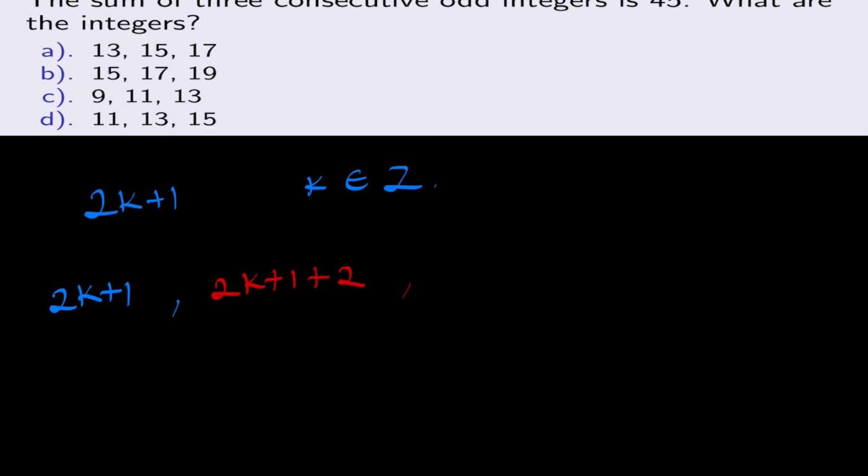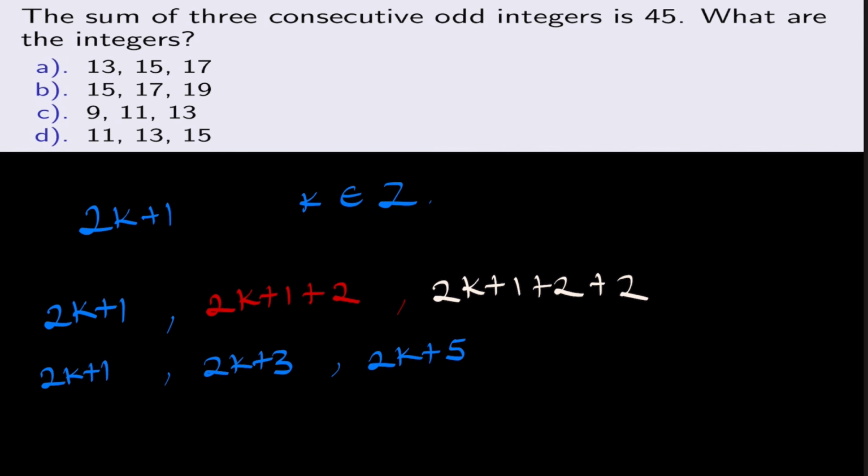Then from this odd number also, if we want to jump onto the next odd number, we need to add 2 to this odd number. So that's going to give us 2k plus 1 plus 2 plus 2. So now let's simplify these. So here will be 2k plus 1, here will be 2k plus 3, and here will be 2k plus 5.